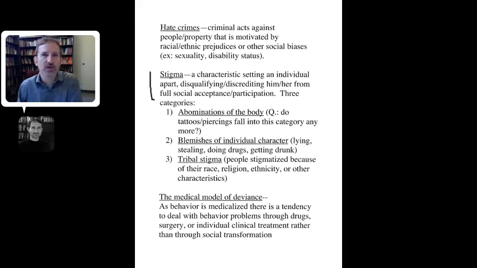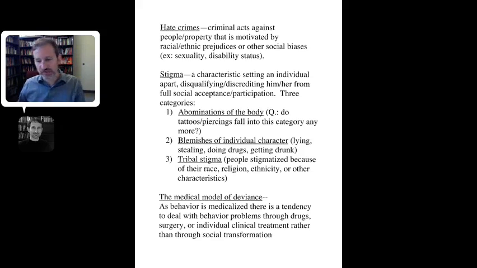Next, your text talks about stigma. And stigma is something that we all intuitively know, but there's a clear definition. It's related to a work by Erving Goffman. It's a characteristic setting an individual apart, disqualifying and discrediting that person from full social acceptance and participation.